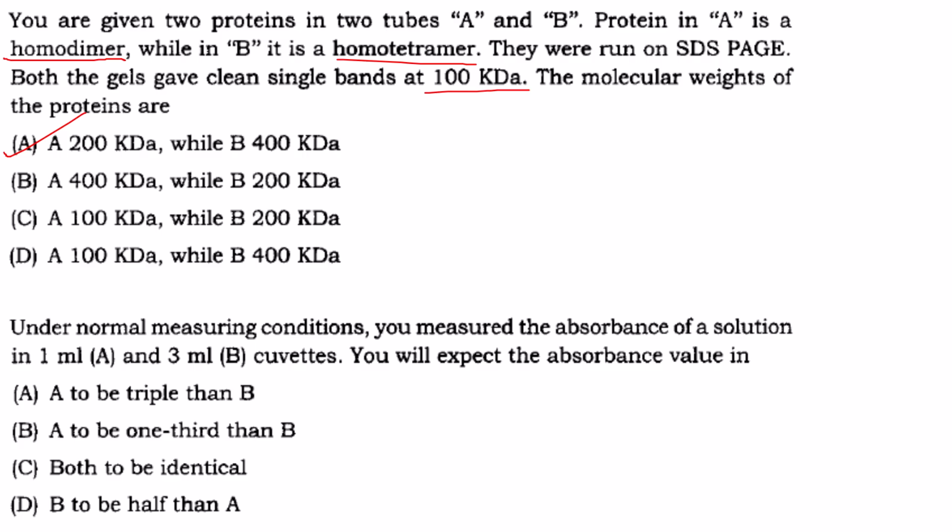Now here what have they changed? They have changed only the size of your cuvette. It is not dependent on any absorbance equation. So what will be the absorbance value? It will be identical in both A and B. Only the cuvette size is changed here. It is not dependent on your absorbance value.